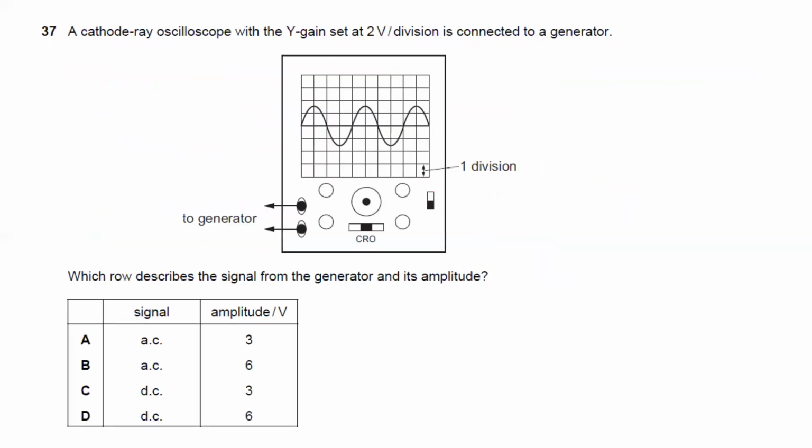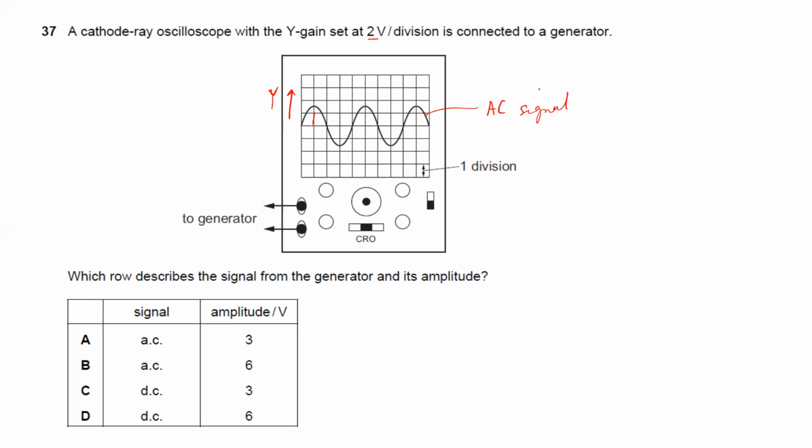So next question, question number 37. It says a cathode ray oscilloscope with Y gain set at 2 volts per division. Basically this is the Y axis and the gain is measured across this. Now which row describes the signal generator and its amplitude? From this waveform, we can say this is an AC signal, and the Y gain is set to 2 volts per division.